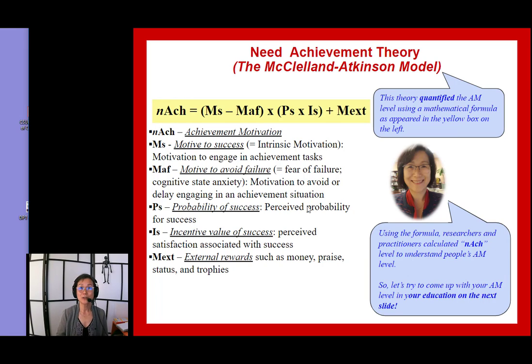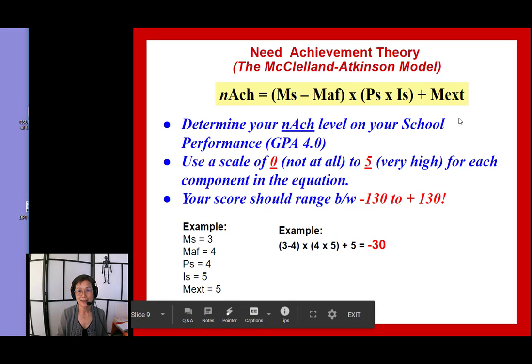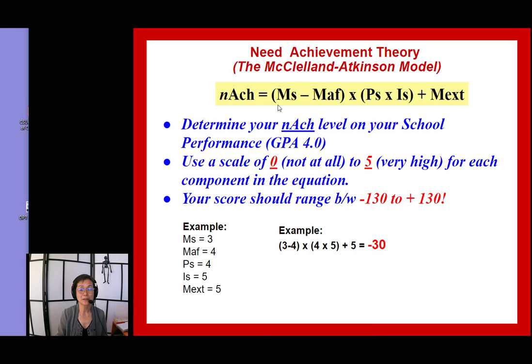So next slide, we're going to do this activity. I want you to do it with me, okay? Really pull out a piece of paper and do it so that you can fully understand this theory. So using the formula, achievement motivation is determined by motive to succeed, minus the motive to avoid failure, multiplied by situational factors, which are perceived probability of success and perceived incentive value of success, and then plus external regulation, external reward.